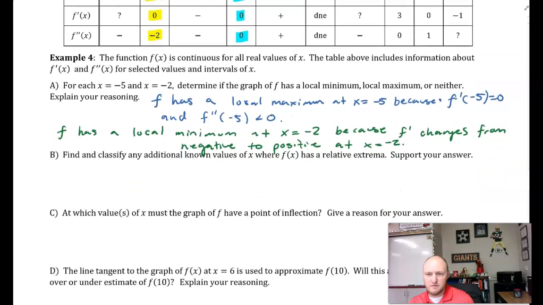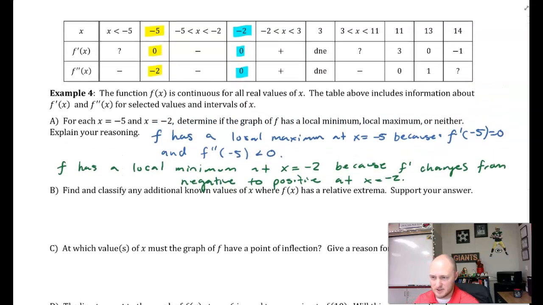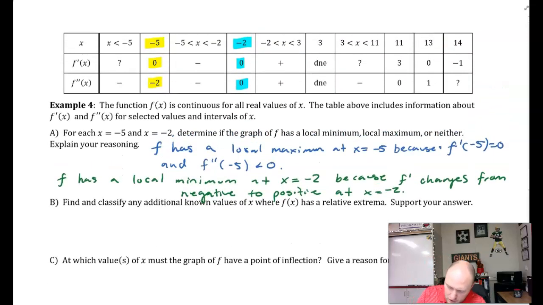All right, B, find and classify any additional known values of x where f of x has a relative extrema. Support your answer. Okay, looking at the rest of our chart, it looks like at 3, the f prime does not exist and f double prime does not exist.